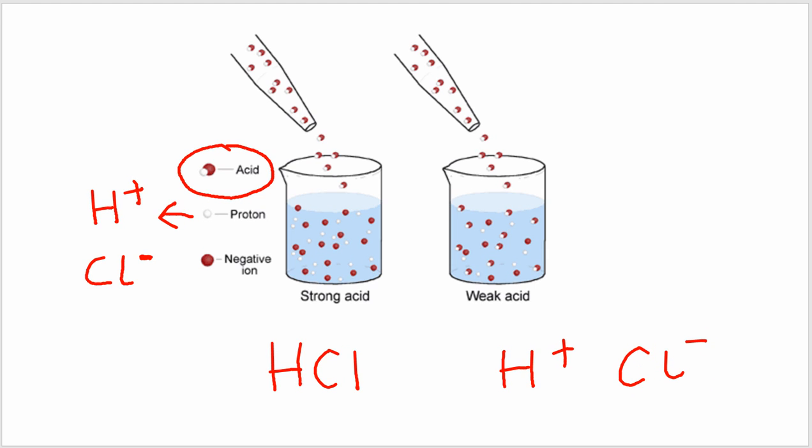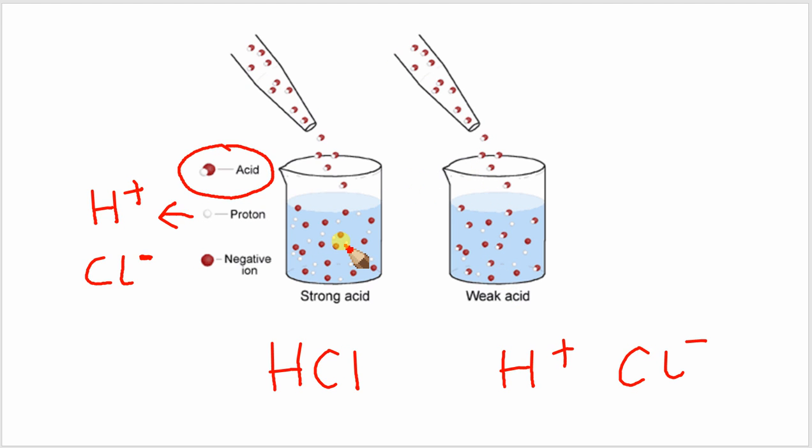So if you pause the video, have a look at the diagrams. What do you understand by strong and weak acid? So if we look at the diagram, you'll see the left one is very similar to the right one, certainly in terms of volume, per unit volume. Wherever there is a particle on the left, there's a corresponding particle on the right.